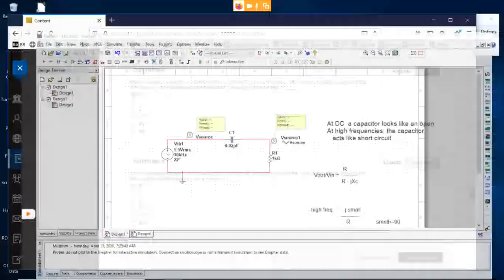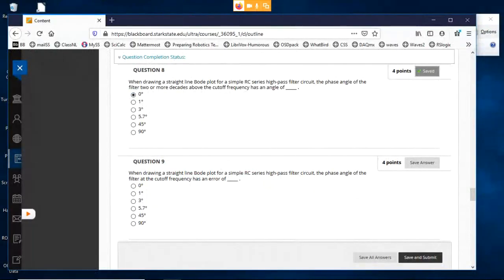And so when you're trying to answer these questions, the word Bode plot is just talking about looking at all the different frequencies. Bode plot is looking at high frequencies and low frequencies, but over here I'm saying, hey, what happens at the high frequency? And so we're really just looking at this transfer function.